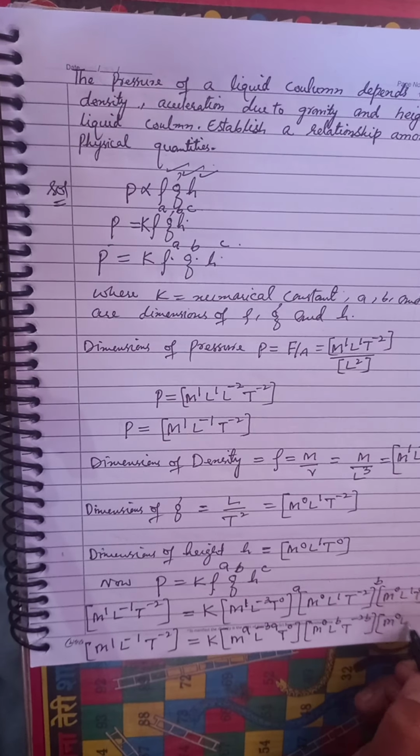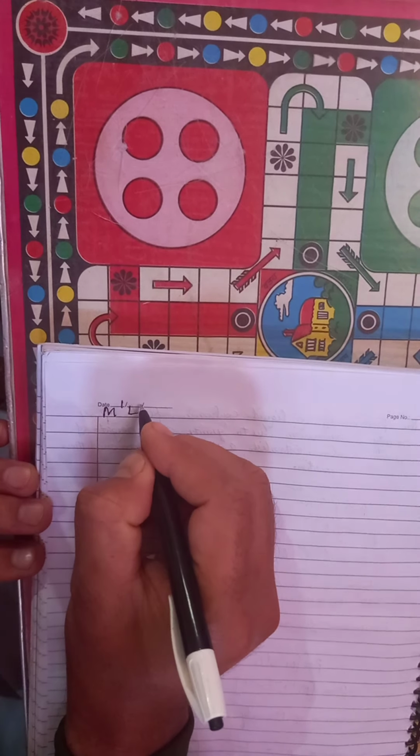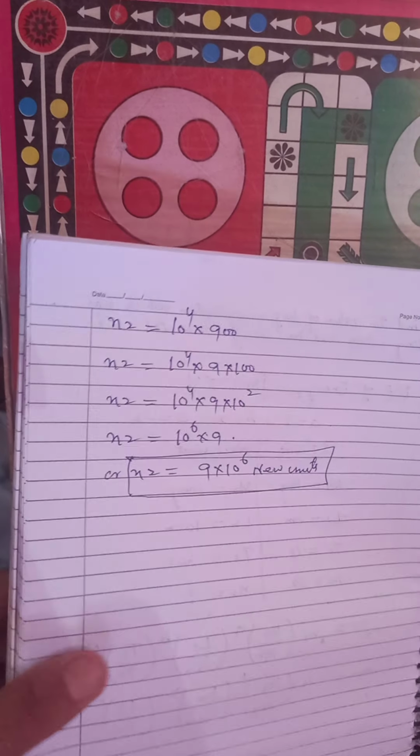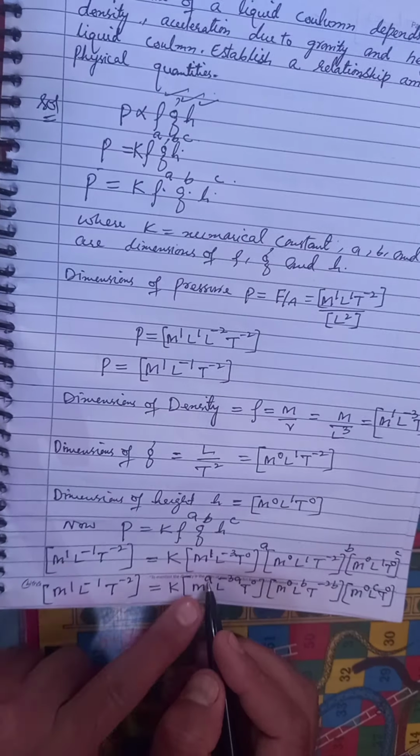So the next step is M raised to power 1, L raised to power minus 1, and T raised to power minus 2 is equal to k times M raised to power a, since here it is M raised to power a, and here M raised to power 0, so it will be M raised to power a.